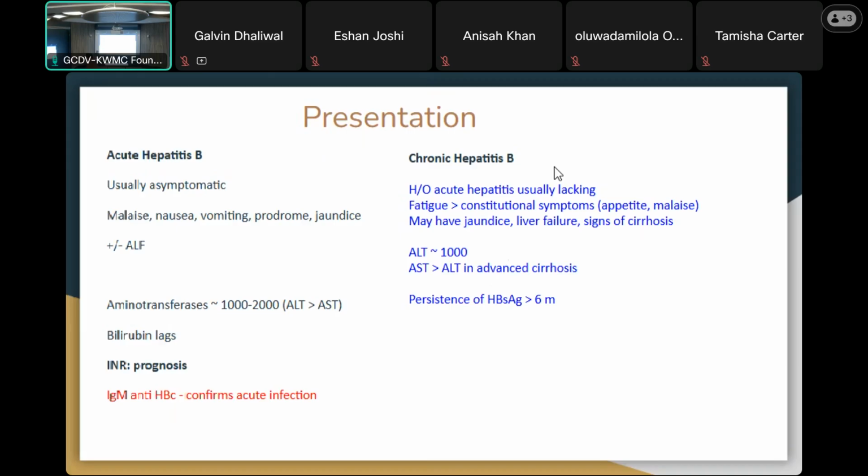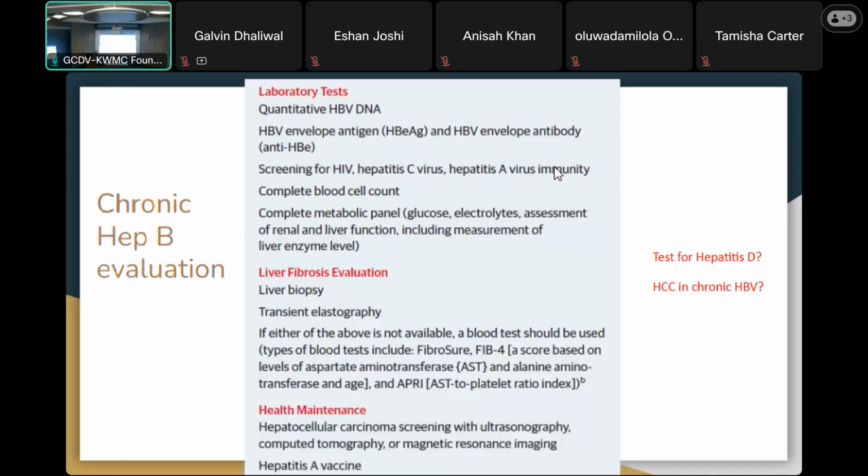And then chronic Hep B, you might see it with some scarring, so you might see some symptoms of cirrhosis, whether it's compensated or decompensated cirrhosis. And then how you tell if it's chronic is IgG, anti-HBC, plus HBsAg positive for more than 6 months. Okay. All right.